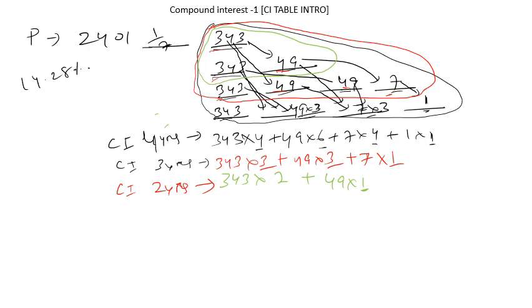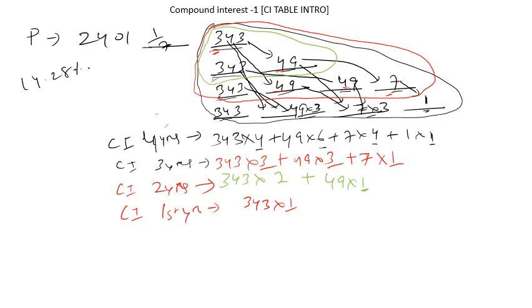Now coming to the compound interest for the first year, that is only 343. The CI for first year, that is only 343 into 1.